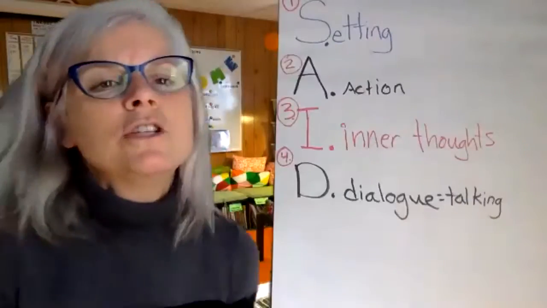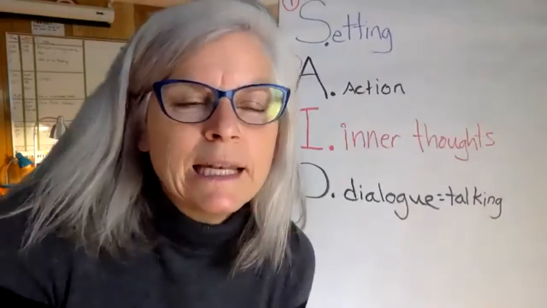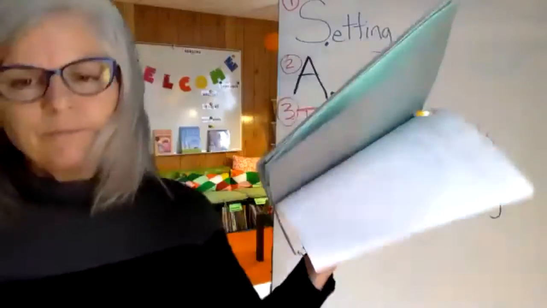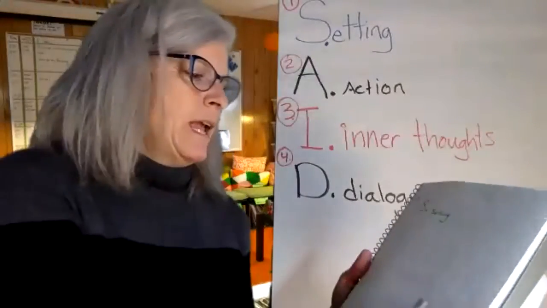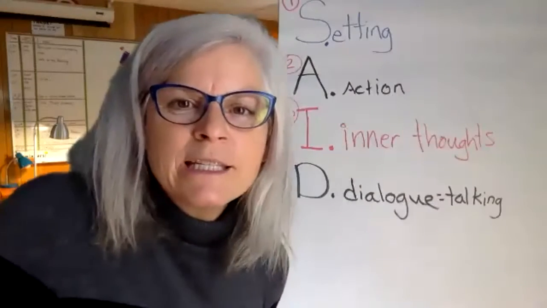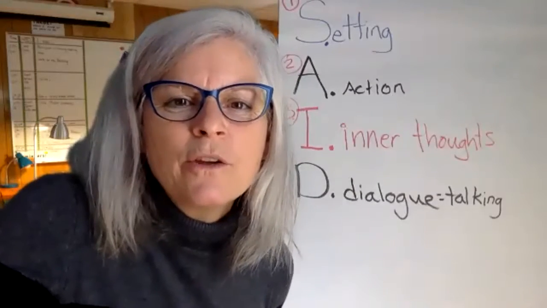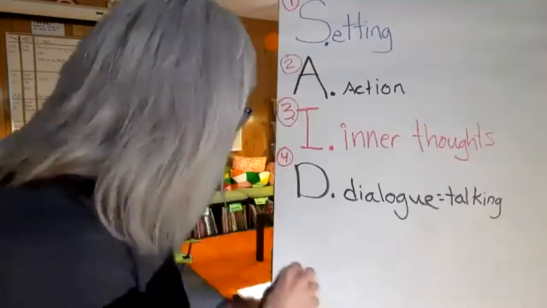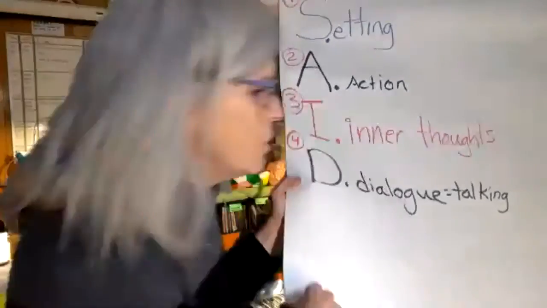What I'm going to have you do right now is a little bit of S-A-I-D writing. So you need your notebook and you need a pen and you need to turn to a clean page, and I am going to do some things and I want you to write it. Okay? This sounds a little weird, doesn't it? I'll tell you what, I'm going to show you how to do this by doing it myself first.